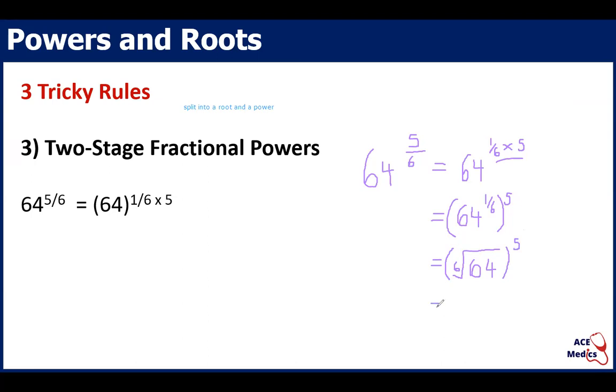So the 6th root of 64, I don't expect you to know, but it's 2. But you can use a calculator normally in this. And then we want to do it to the power of 5. 2 to the power of 5 is 32. Does that make sense to everyone? Does anyone have any questions?